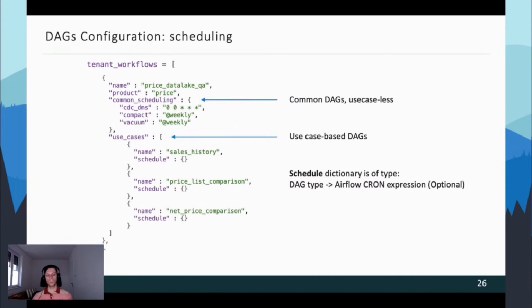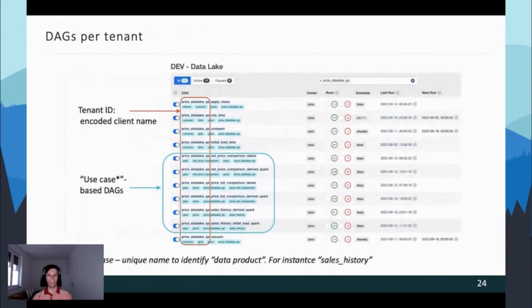In order to generate all these DAGs that you've seen on one of the previous screens: there are 11 DAGs today per tenant. Every region may have maybe 20 tenants, so we will have more than 200 DAGs within one cluster.